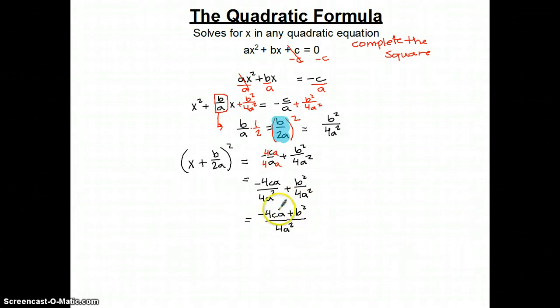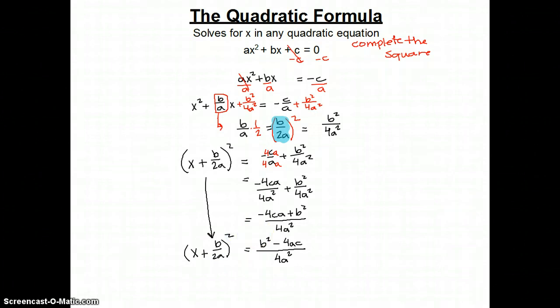I'm just going to rearrange this right-hand side to get b squared first, minus 4, and I'm going to switch the a and the c, times a times c, all over 4a squared. On the left, I have not touched what I have, so I still have x plus b over 2a all squared.